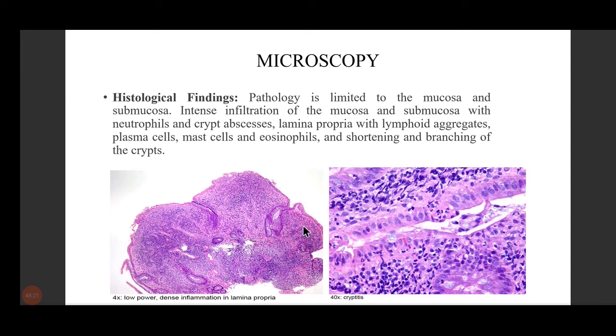So this is the mucosa, and you can all see the infiltration of these cells. See, this is crypt, and there is lots of infiltration of inflammatory cells.